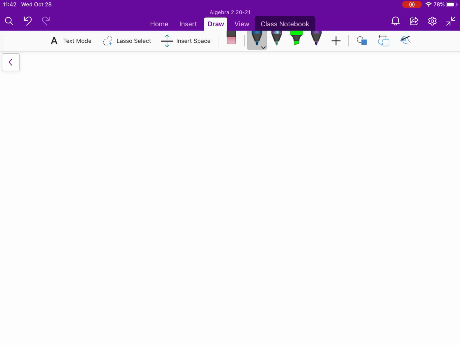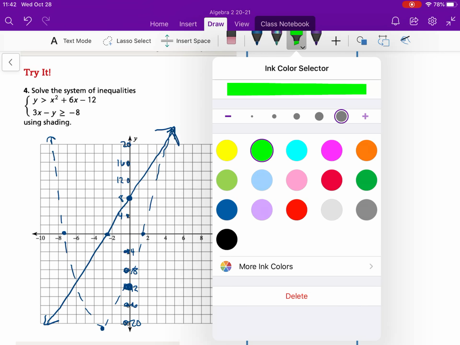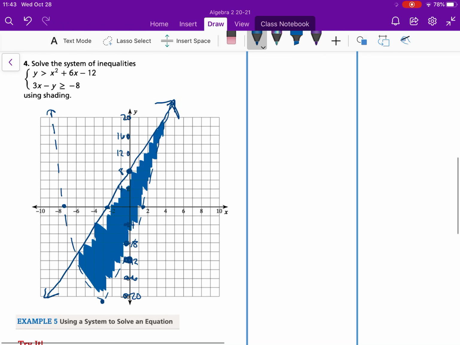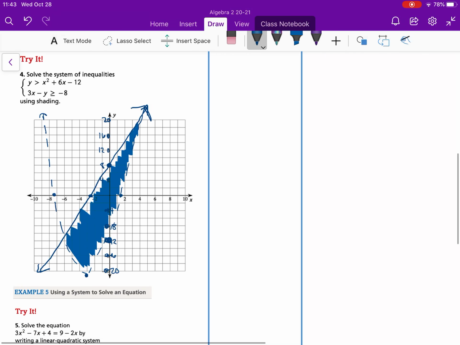But in this case, the part that they overlap in is the part that I want to shade. And notice I'm only shading the overlap. I'm not shading all of the rest of it, just the overlap. So when I'm solving a system, just the overlap is the answer. Okay? So just a reminder there.